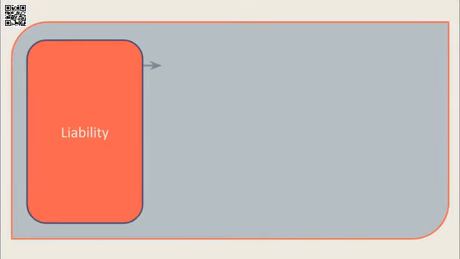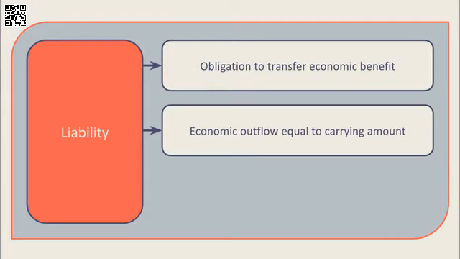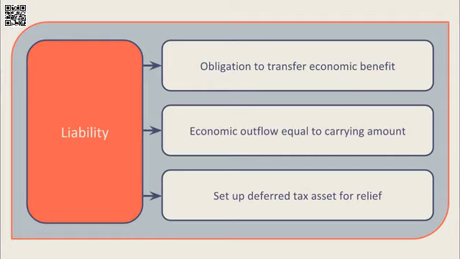We also know that the definition of a liability is the obligation to transfer economic benefit. The unavoidable consequence of having a liability in the business is an economic outflow equal to its carrying amount, and when this happens, we will receive tax relief, and therefore we set up a deferred tax asset for this now.